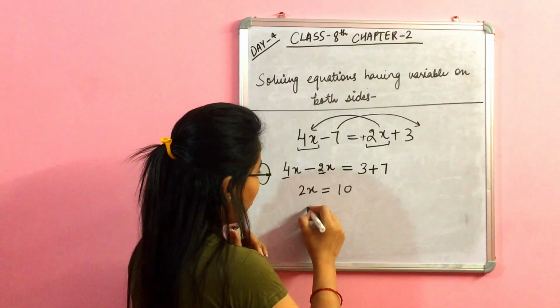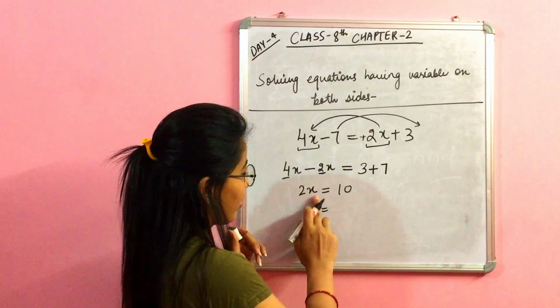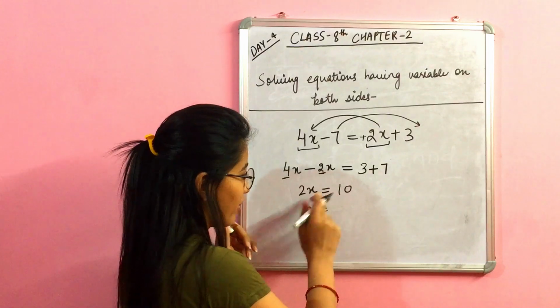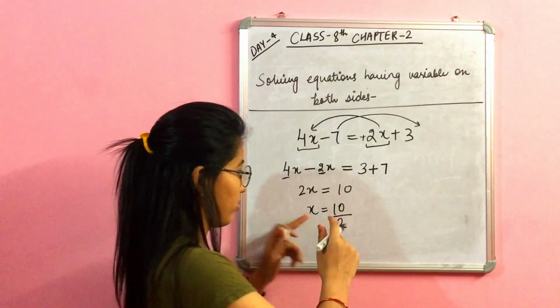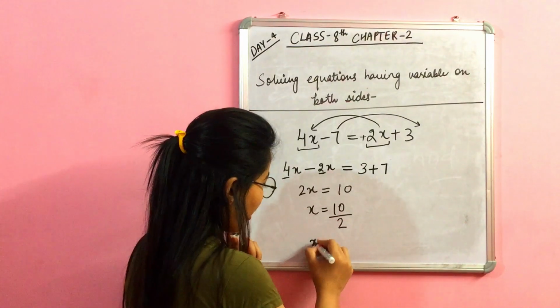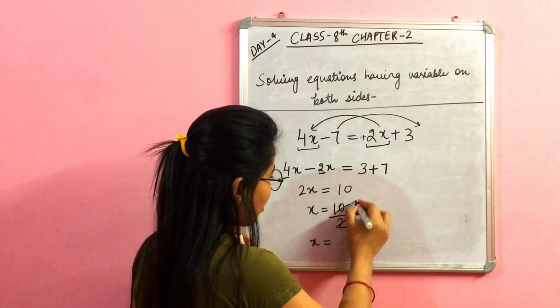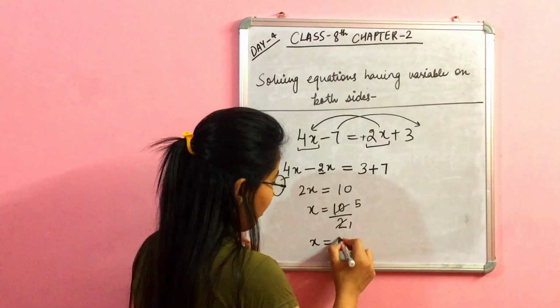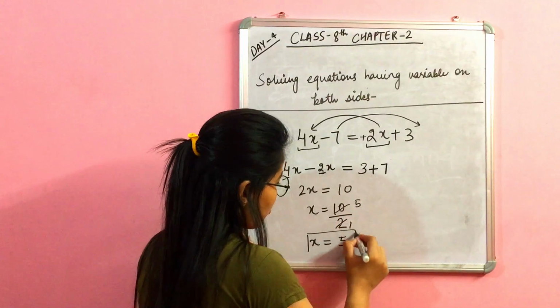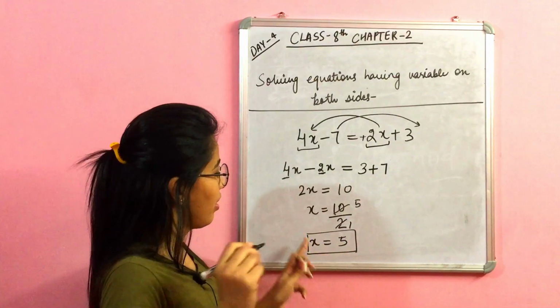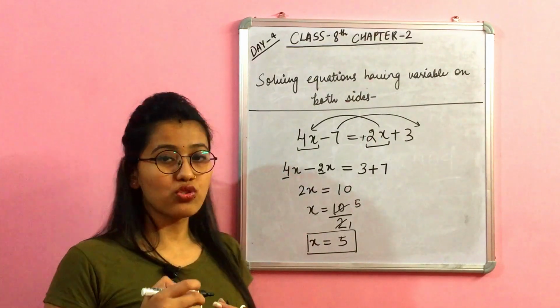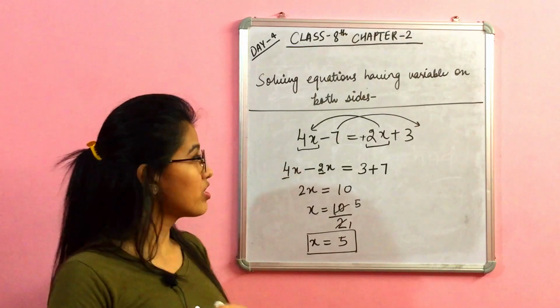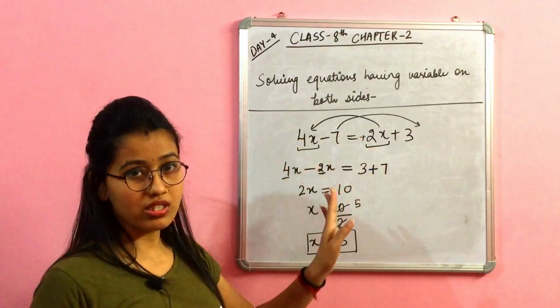This is 2x, in multiplication with the variable, so when we transpose the 2 to the right hand side, it will become division. We can rewrite it as: 2 ones are 2 and 2 fives are 10. So the value of our variable is 5. This is how we can solve any example which has a variable on both sides.